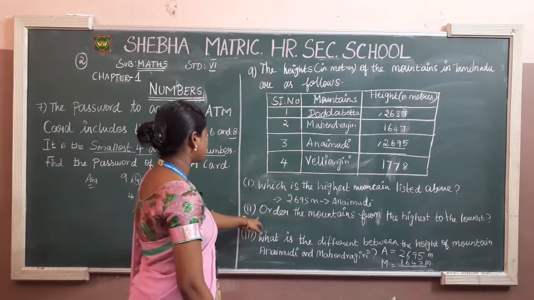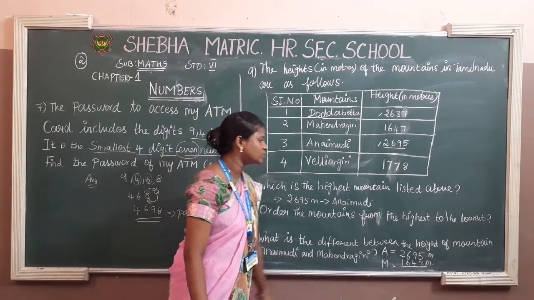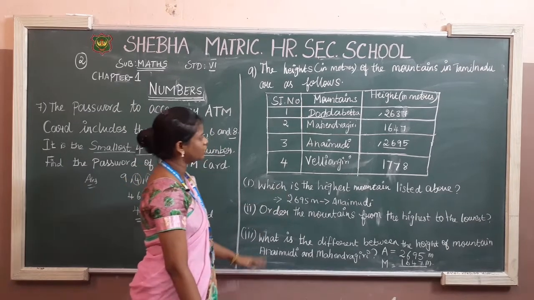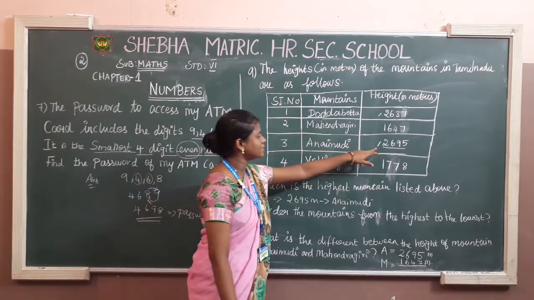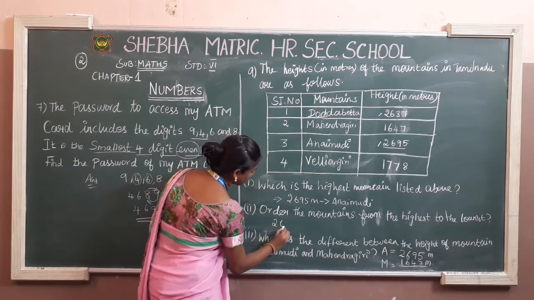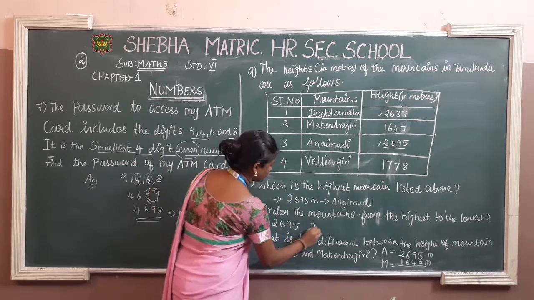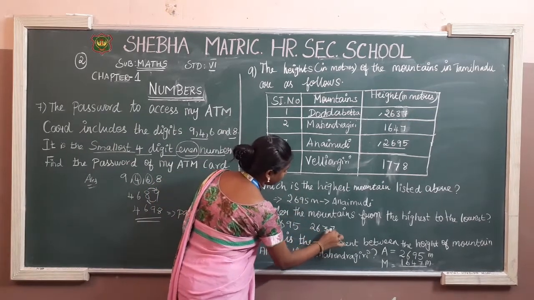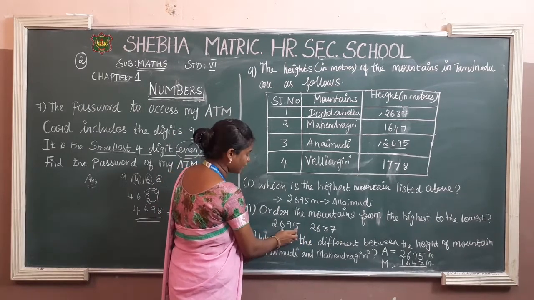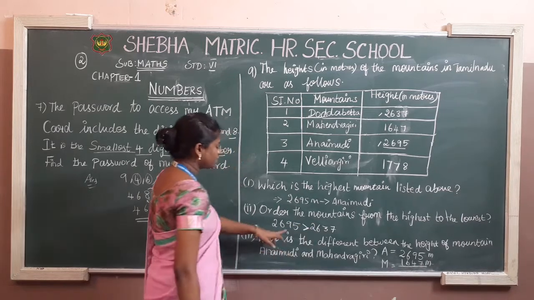The next question is, order the mountains from the highest to the lowest. So which is the highest number? This is the highest number, so we write 2695, and then 2637. Which is the greater number? 2695 is greater, so the symbol opens towards that side.